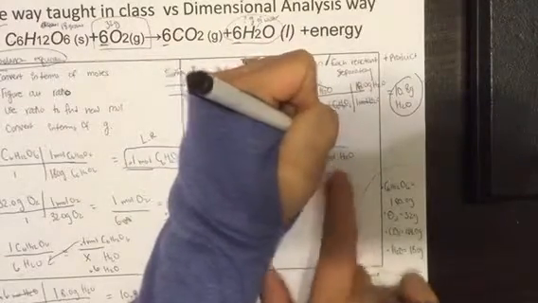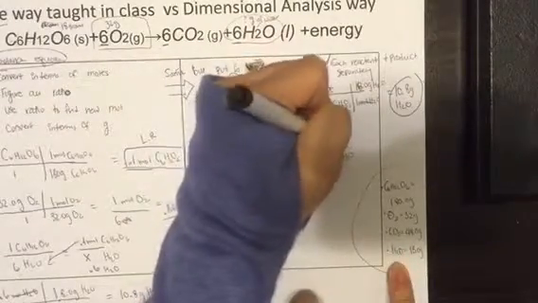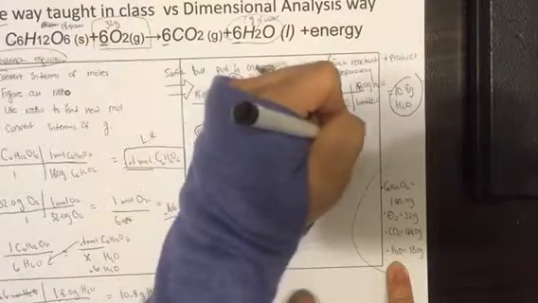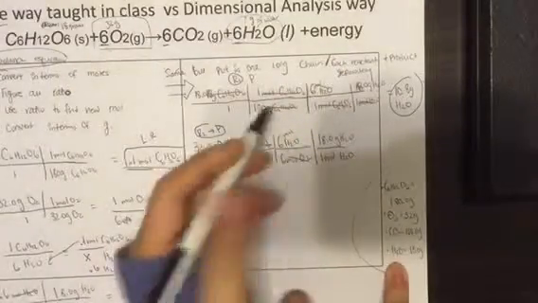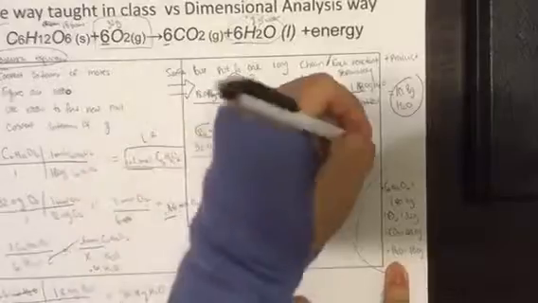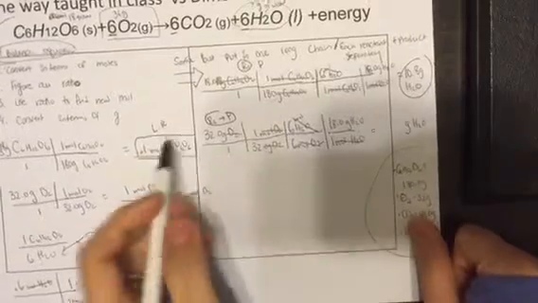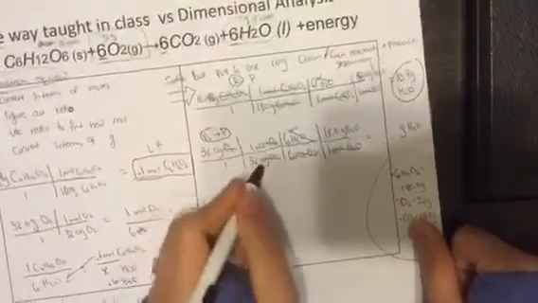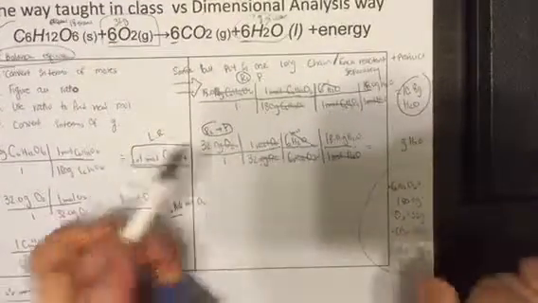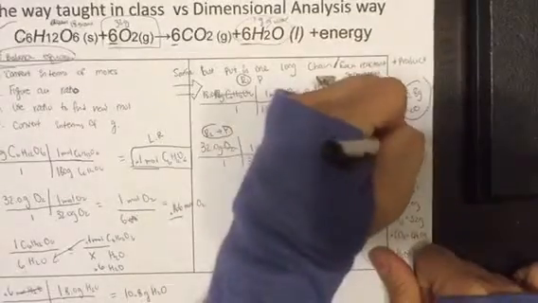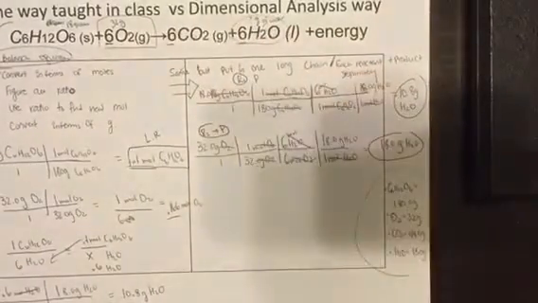Well, the molecular weight of water is 18, so 18 grams of water. Then this cancels and that cancels. The only thing that's left over is grams of water. So 32 divided by 32 is 1, 6 divided by 6 is 1, so really this is just 18 grams of water.